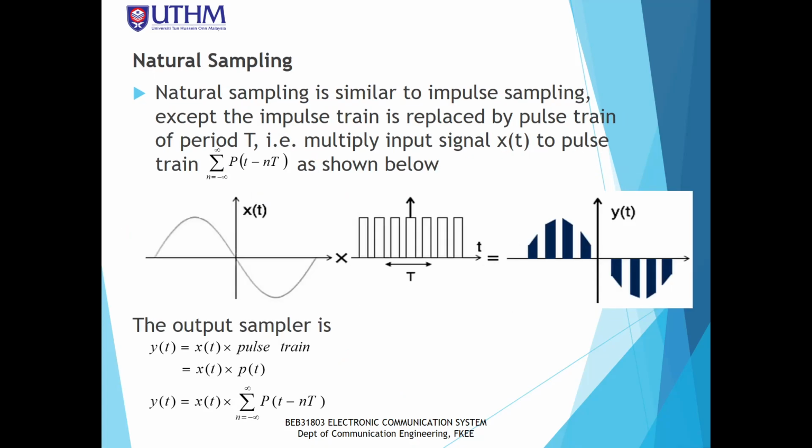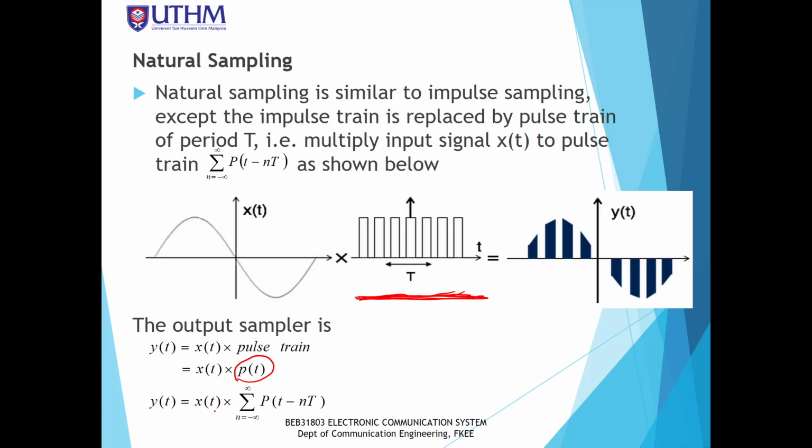Then natural sampling. The difference from impulse sampling is the pulse train that we multiply with the analog input. Now the pulse train that we use is the rectangular pulse train. So the difference is in terms of this, PT is different.